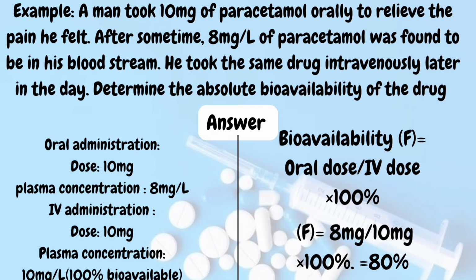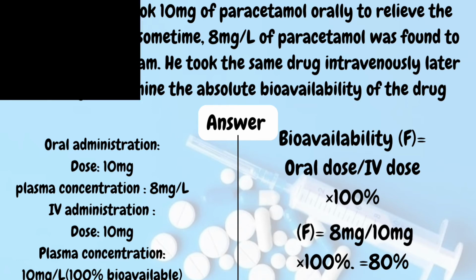This tells us that the bioavailability of the man taking paracetamol orally compared to intravenously is 80%. Have it in mind that the bioavailability of intravenous administration of a drug is always 100% because the drug is administered directly to the bloodstream.